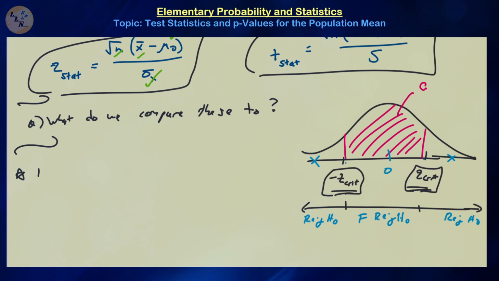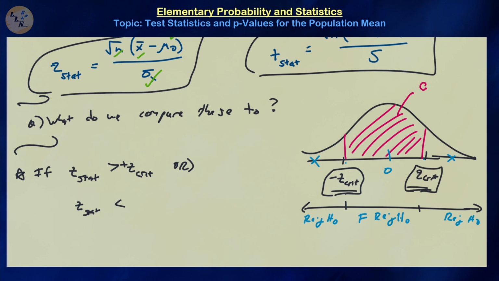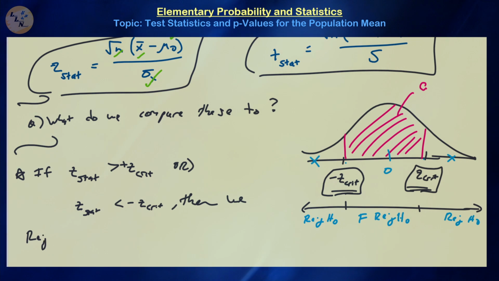So let's summarize that. If the z test statistic is greater than the positive z critical value, or the test statistic is less than the negative z critical value, then we will reject the null hypothesis.